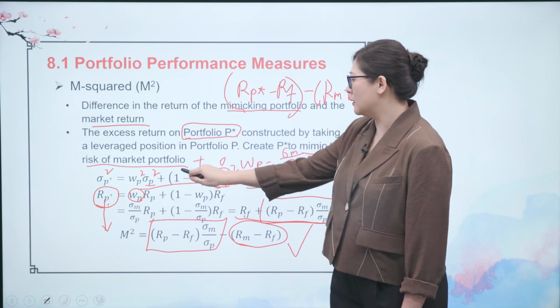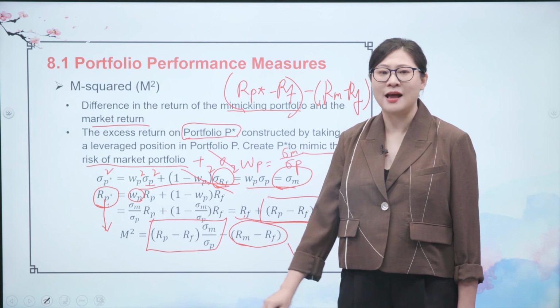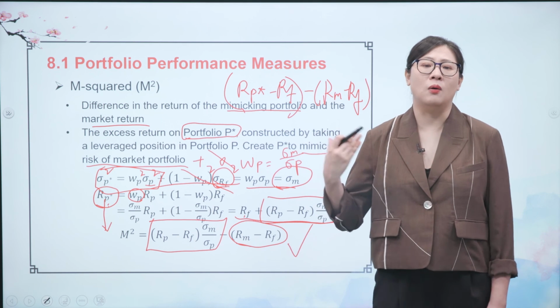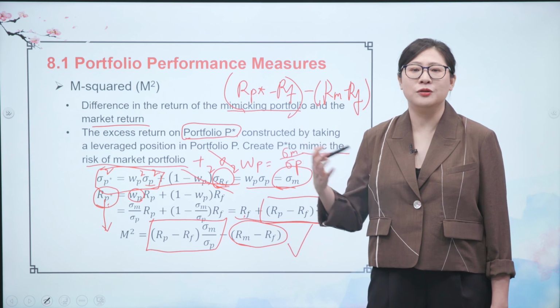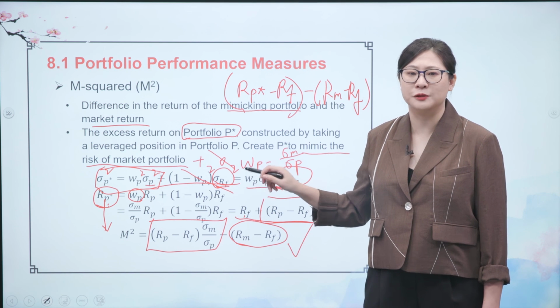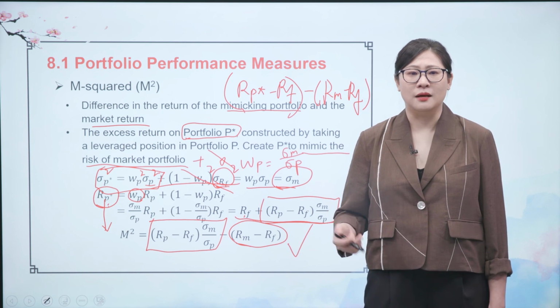But we also know this part is 0 and the covariance part is 0. So the only part left is this part. I don't write down the full equation, so don't be confused about this equation here. So that's the M-squared.